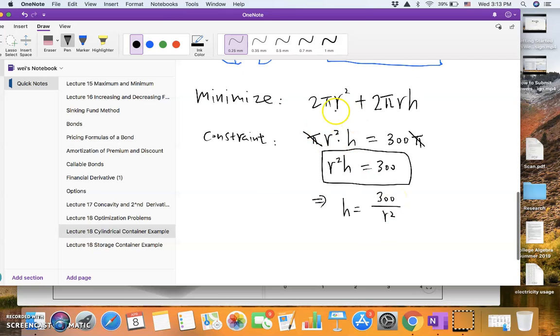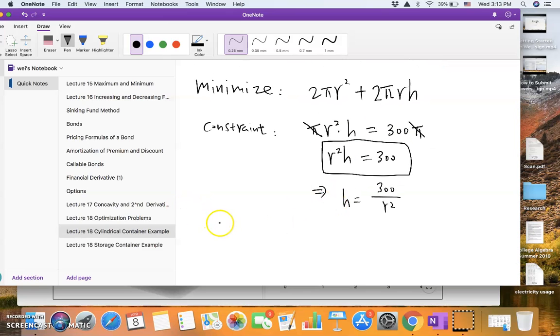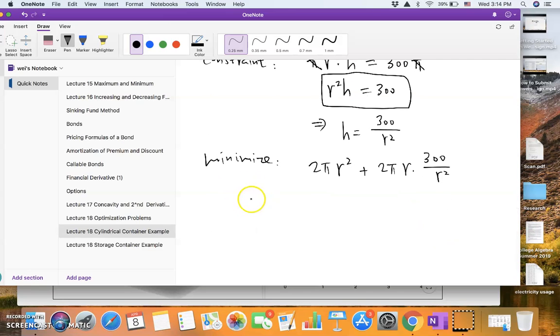Therefore, minimizing this quantity is equivalent to minimizing 2 pi r squared plus 2 pi r h. Now I write h in terms of r using this equation. So this will be 2 pi r squared plus 600 pi over r.